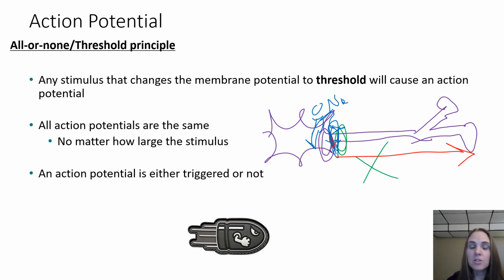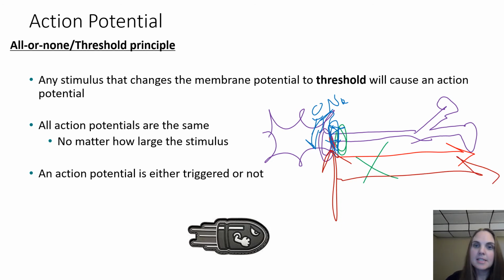Either the action potential is triggered and it travels all the way down the neuron, or it's not triggered and it doesn't travel. It's not like the graded potential where if it's a small stimulus, it'll travel a little ways down and stop, or if it's a big stimulus, it'll travel all the way to the end. It's an all or none. So if we can reach threshold at this trigger zone, it's going to go all the way to the end. Same speed all the way to the end.